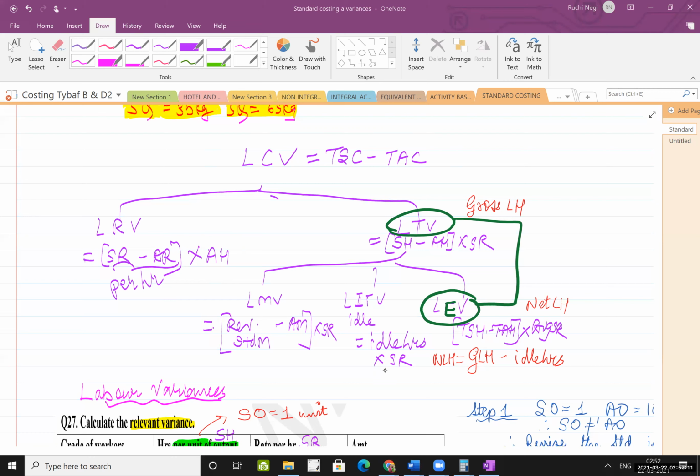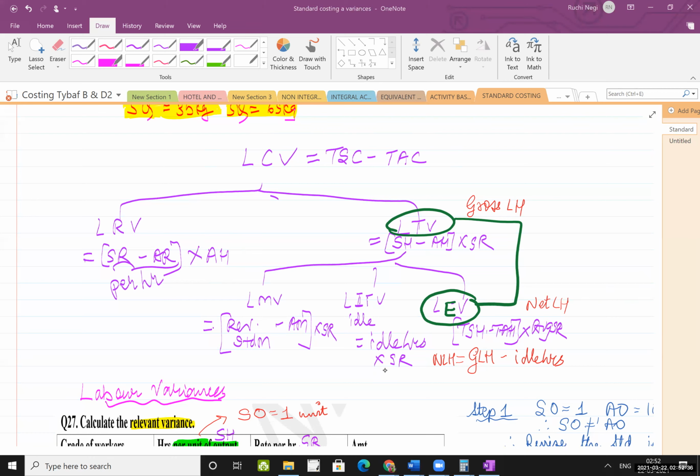Like in material, we calculated mix variance when more than one raw material was used for making the finished product. Similarly, when you're engaging more than one labor type, like men, women, skilled labor, unskilled labor, semi-skilled labor. The formula is revised standard mix minus actual mix into standard rate.